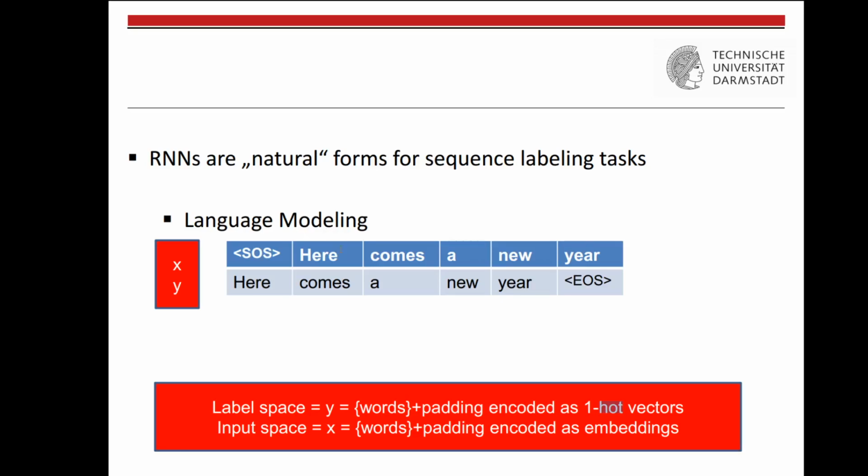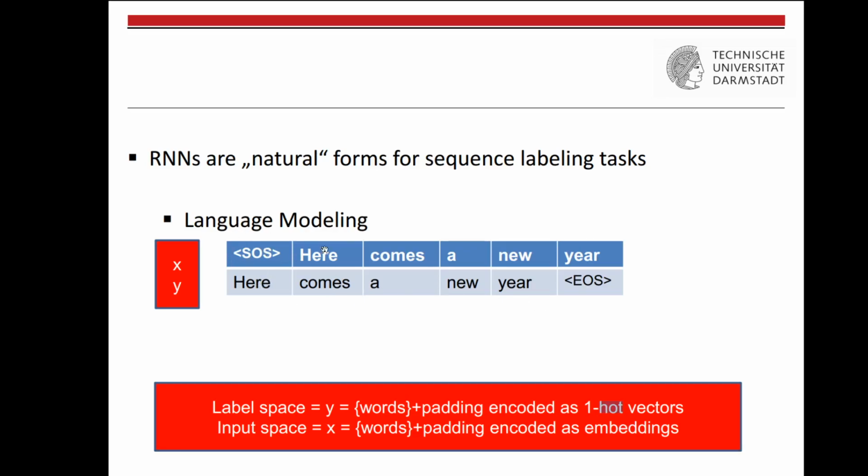Of course, we could say we predict some embedding, which is maybe not an actual word, and then we choose the nearest word corresponding to that embedding, but that is not usually what people do. Also because then we could not use cross-entropy loss in a meaningful way, because there's no probability distribution coming out if we predict an embedding. So people predict one-hot vectors that correspond to the words.